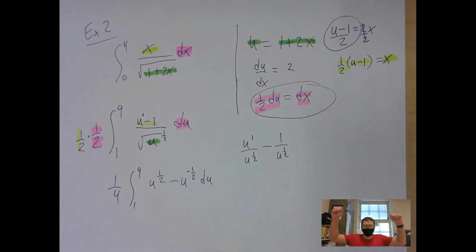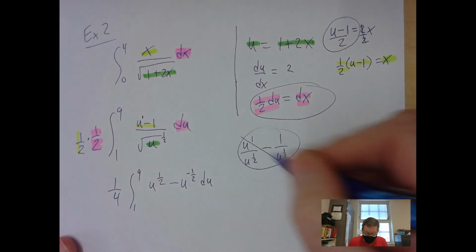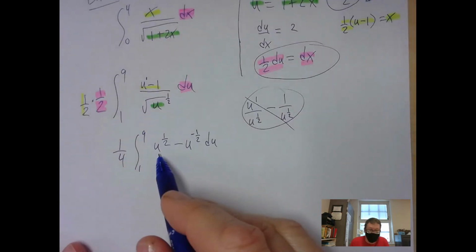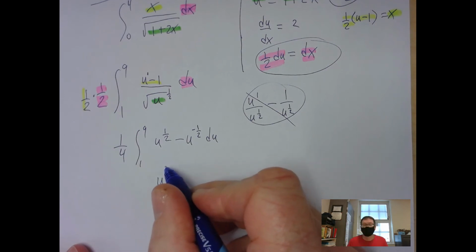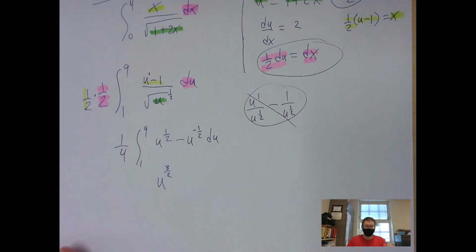Power rule backwards. All right, so add 1, divide. I hope this isn't all jerky and frozen when this goes out.